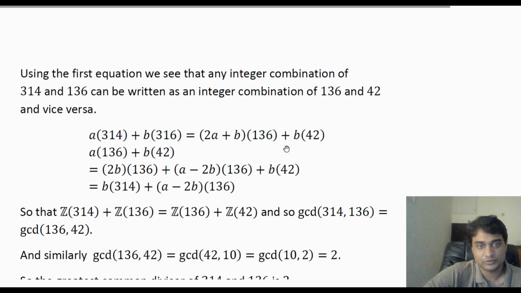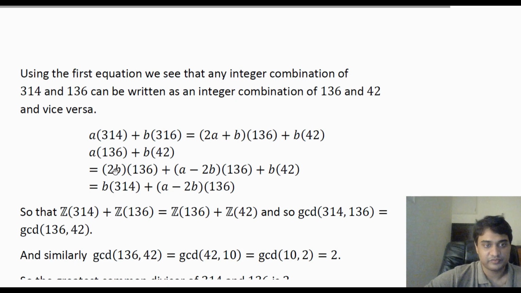And similarly, if we have an integer combination of 136 and 42, A times 136 plus B times 42, we can write A as 2B plus (A minus 2B), adding and subtracting 2B. So we have 2B times 136 plus (A minus 2B) times 136 plus B times 42.